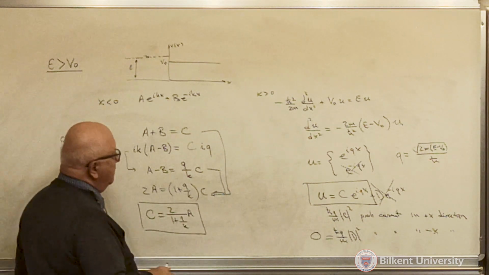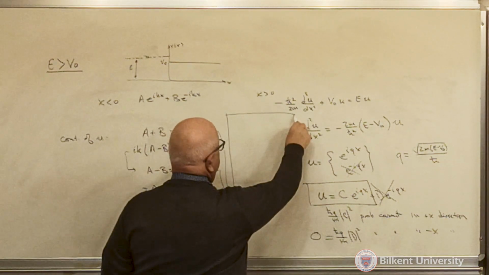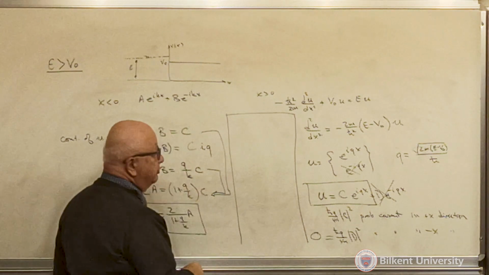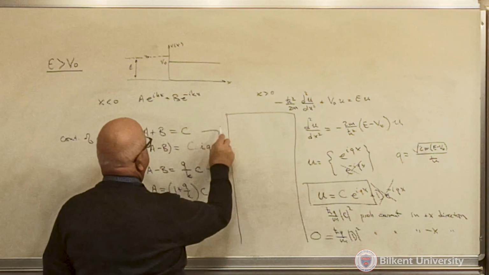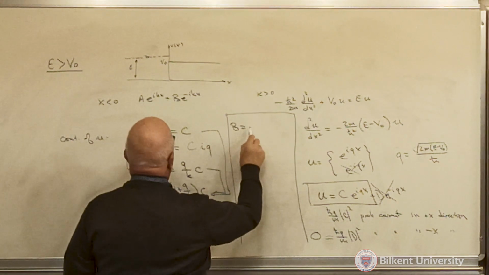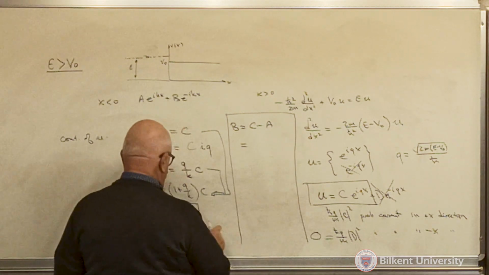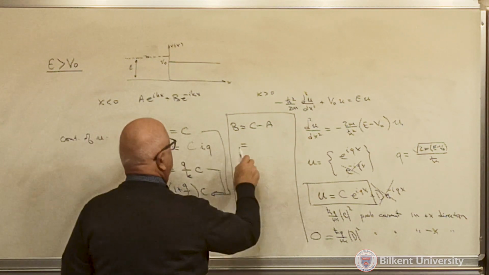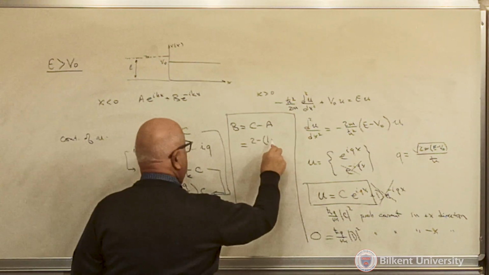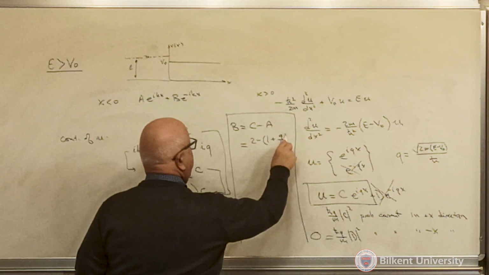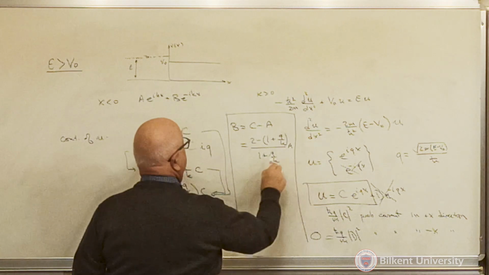Let's also find b. Okay, let me try to squeeze it over here. Sorry for squeezing everything, but I want to keep everything on board as much as possible. So this equation just tells me that b is equal to c minus a. If I collect them over the same denominator, this is going to be 2 minus the denominator, 1 plus q over k, divided by 1 plus q over k times a.